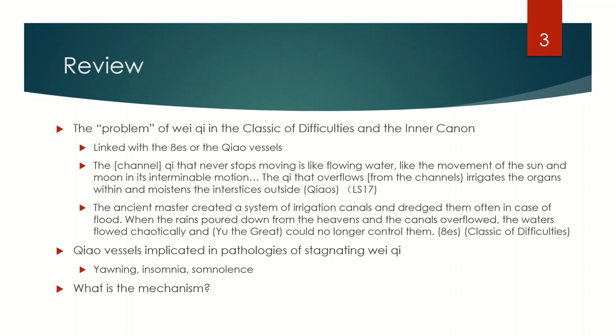I want to get into the specifics of the mechanism, as well as the specifics of treatment. How should different diseases be thought to be treated in the Inner Canon? Because there are a few different ways.